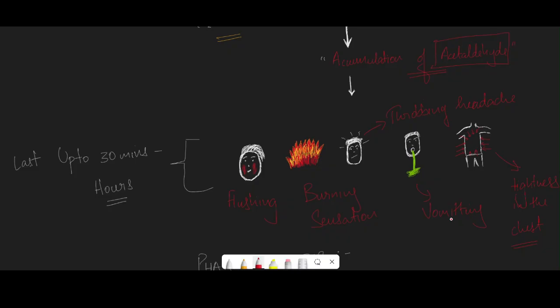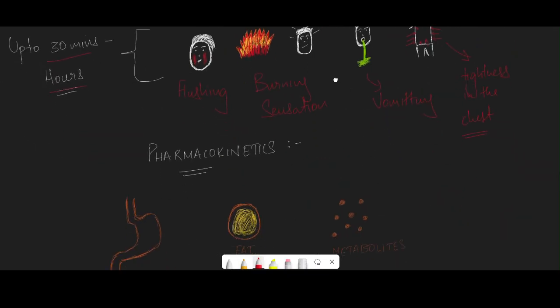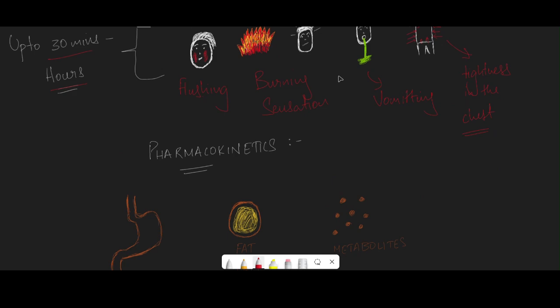So these are the 5 distressing symptoms caused by the accumulation of aldehyde in the body. And like I said, it can last in the body up to 30 minutes to hours. So why is it given? It's given in order to make the person less addicted to alcohol or ethanol.